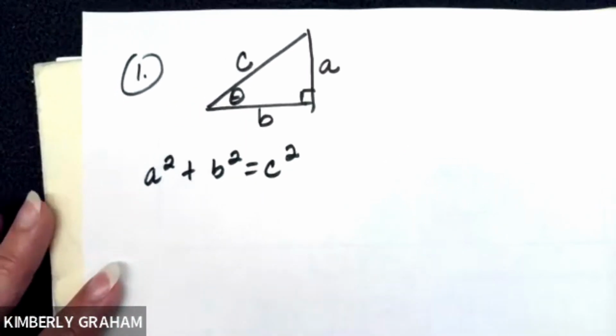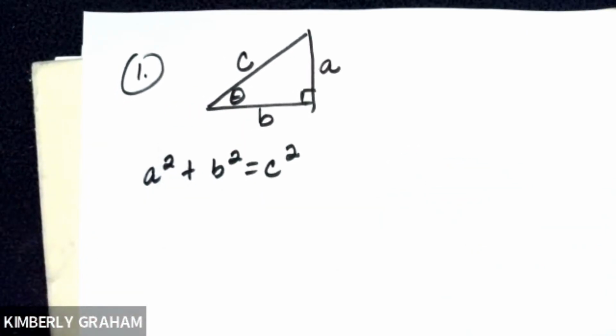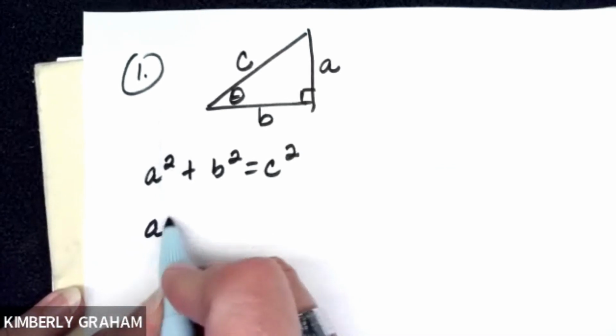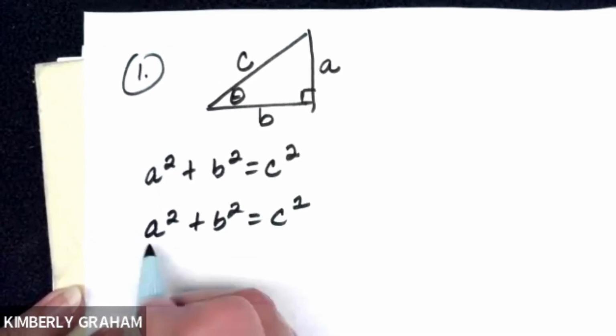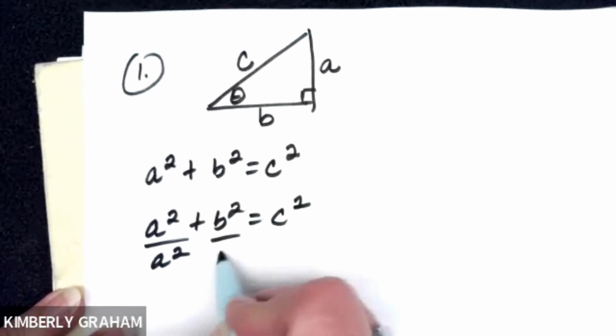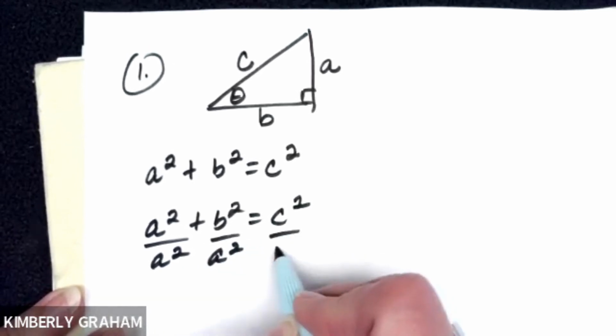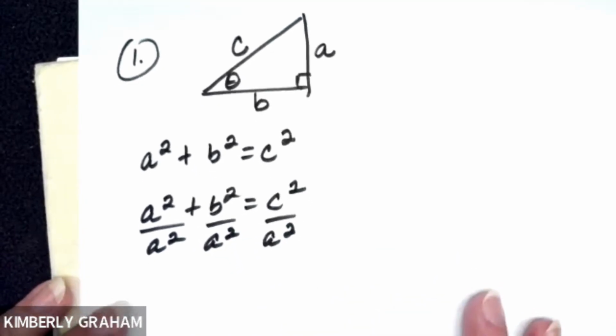And then I'm going to divide both sides of my equation by A squared. And when I do, each term gets divided by A squared. So my second step here is when I divide by A squared, I have divided by A squared there, there, and there.